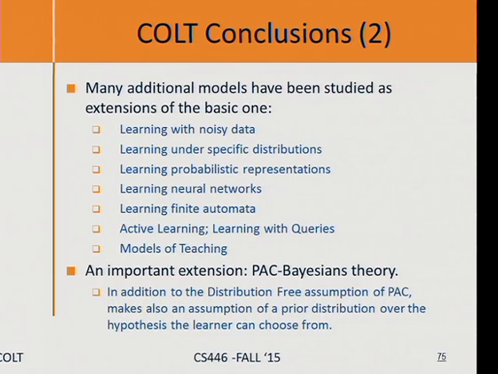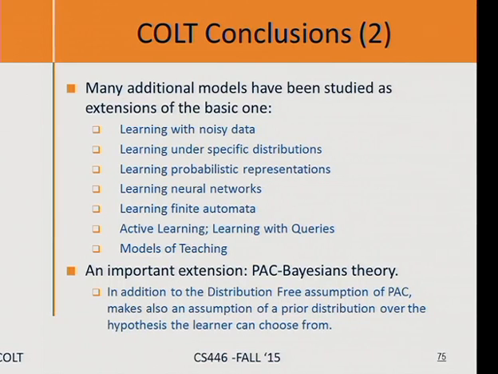There are some very interesting extensions. For example, one important extension is what is called today the PAC-Bayesian theory. So we had one key assumption, which is that this is distribution free, right? You can impose another assumption where the learner has some priors on which hypotheses they like more and which hypotheses they don't like.